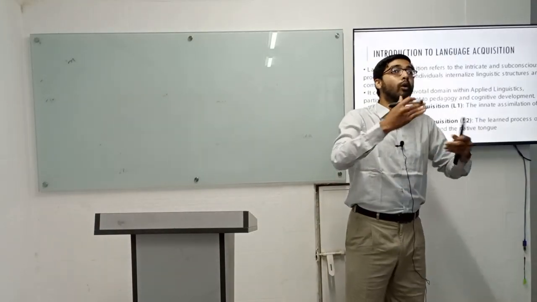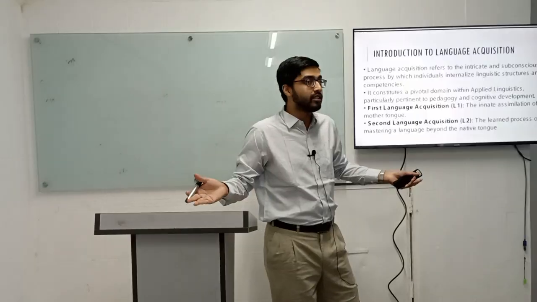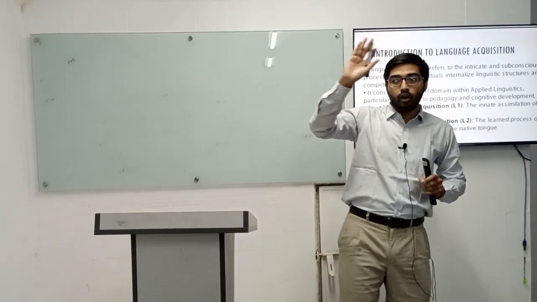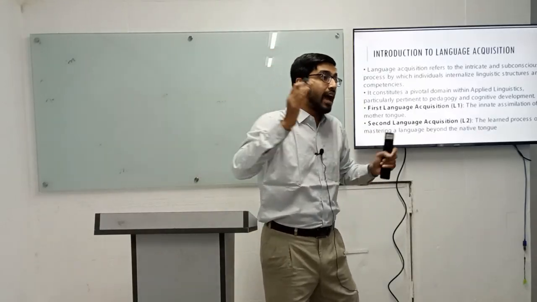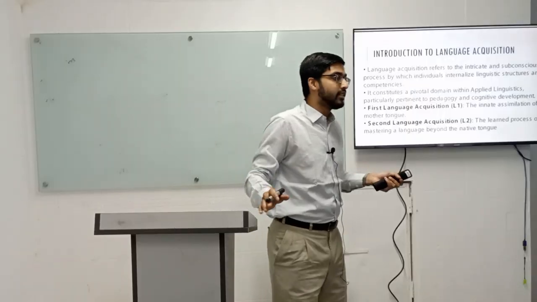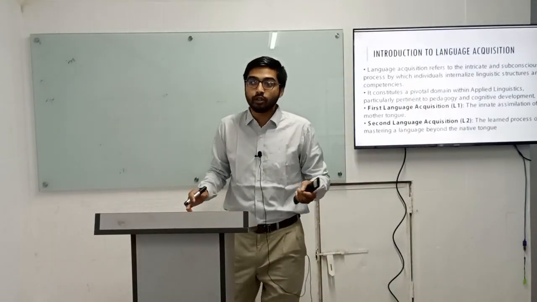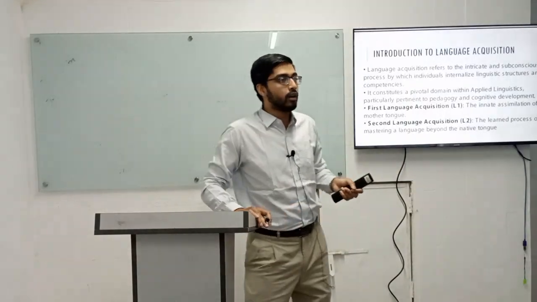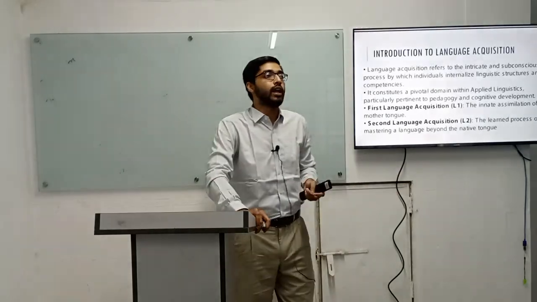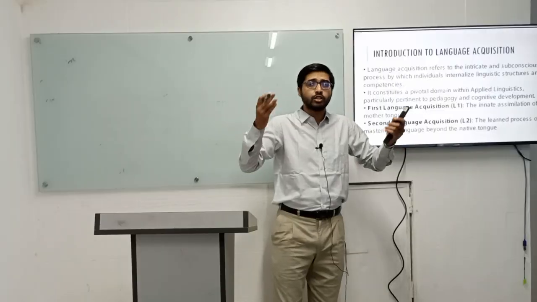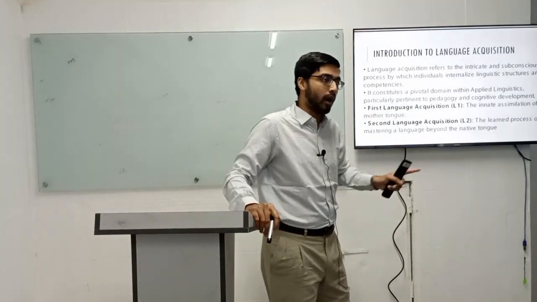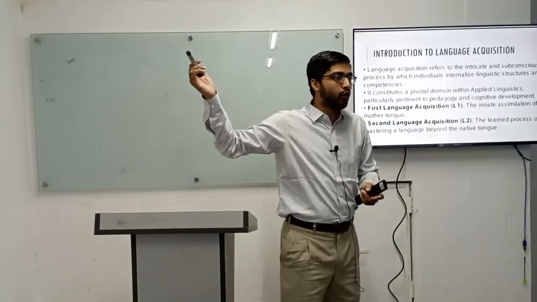Then I know more than 2, 3, 4 languages, but I am as competent in those languages as I am in my L1. See, this is how it could be. But language 1 or L1 or first language should be one. Yes, you could know more than one language as competently as your first language, but that should not be considered your L1. That could be L2, L3, L4, whatever.